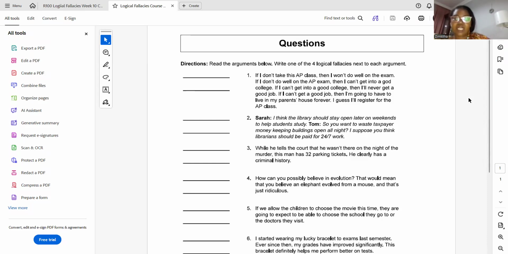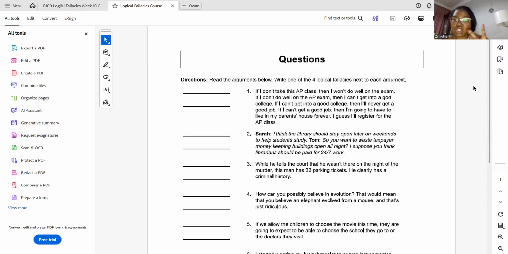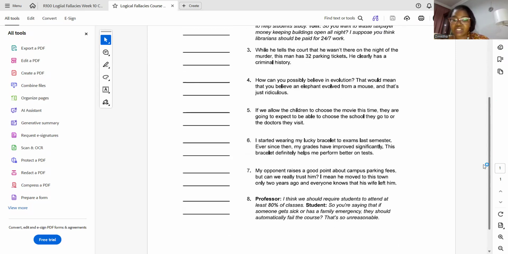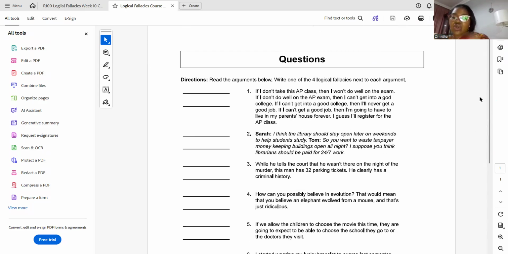Okay. These are just questions that you have to read, and then you have to decide on the four logical fallacies. Okay. It's on page 85 in your course reader. So you need to look at the scenario and then determine which logical fallacy the scenario is describing.